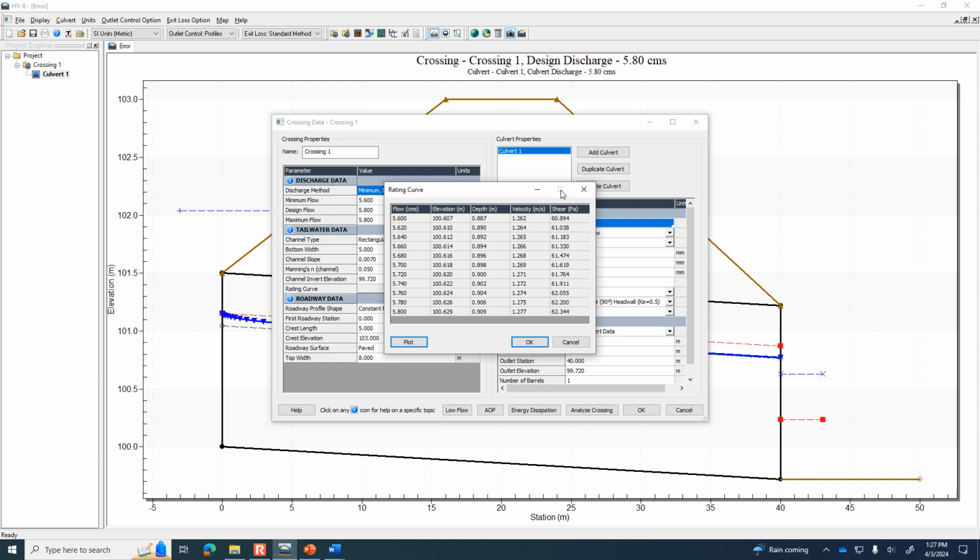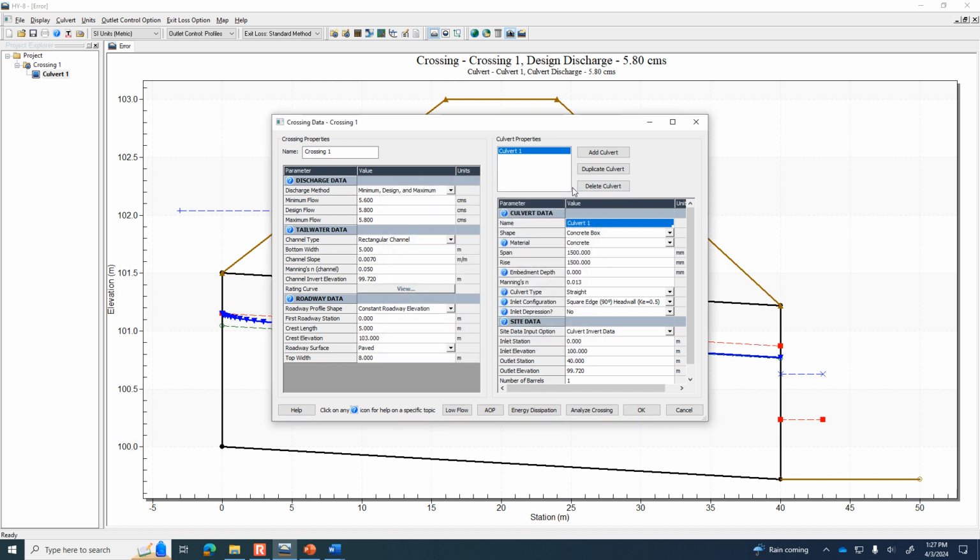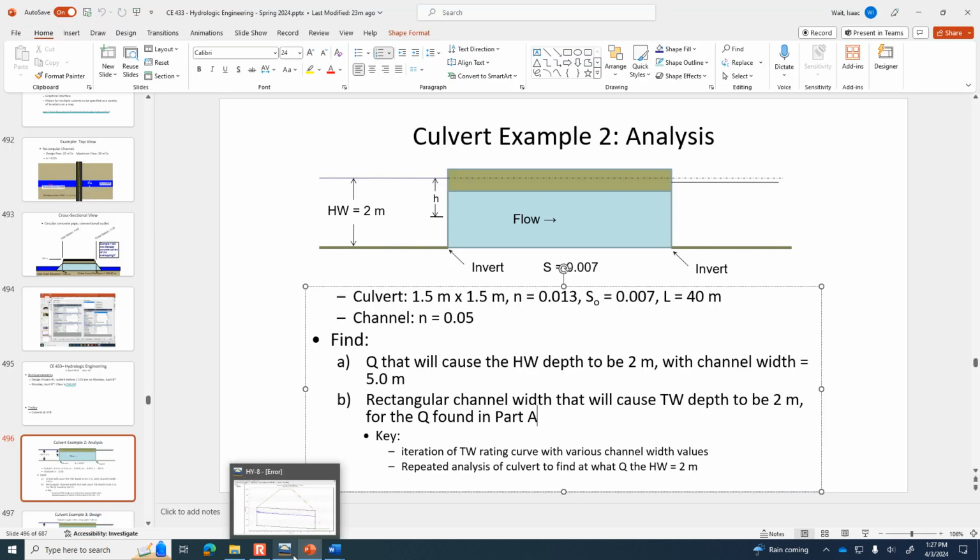So why make it 5 meters wide if the water depth is going to be so shallow, 0.896 meters? So this is kind of an optimization process, asking how narrow can we make the channel to force the water up to 2 meters of depth? Because right now, for the flow rate we're interested in, this flow rate of 5.68 cubic meters per second, the tailwater depth is much lower than this 2 meter limit.